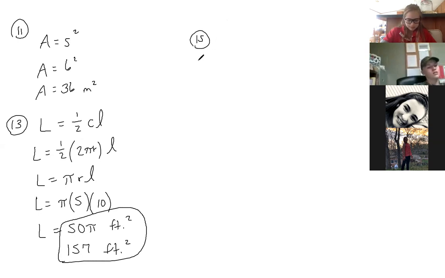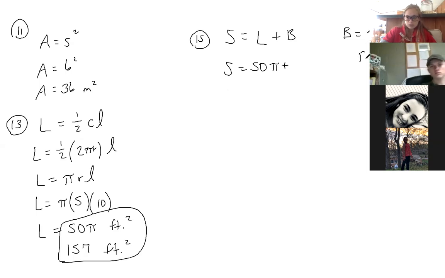Now number 15 says, find the total surface area. Well, you've got to know. So now the total surface area for a cone is still L plus B. We found L. L was 50 pi. Now we've got to find the base. Well, the area of a circle is pi r squared, so that's pi times 5 squared, which is 25 pi.